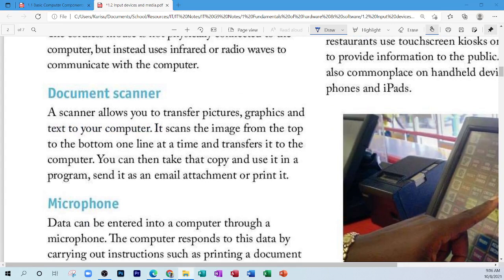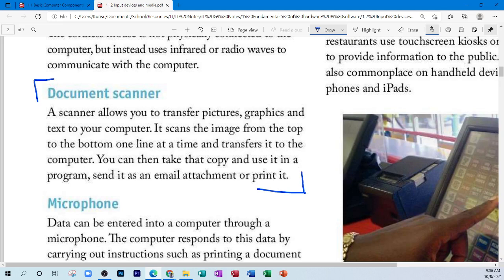All right, give me a second, let me pull up this list. Okay, so let's see. Jabez, can you read document scanner for us? Document scanner.